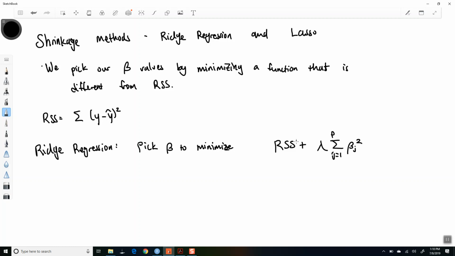All right. So this is basically minimize RSS plus, and we might call this a complexity penalty, or just some kind of penalty over here. So we'll call this the penalty, and then over here is the penalty weight.